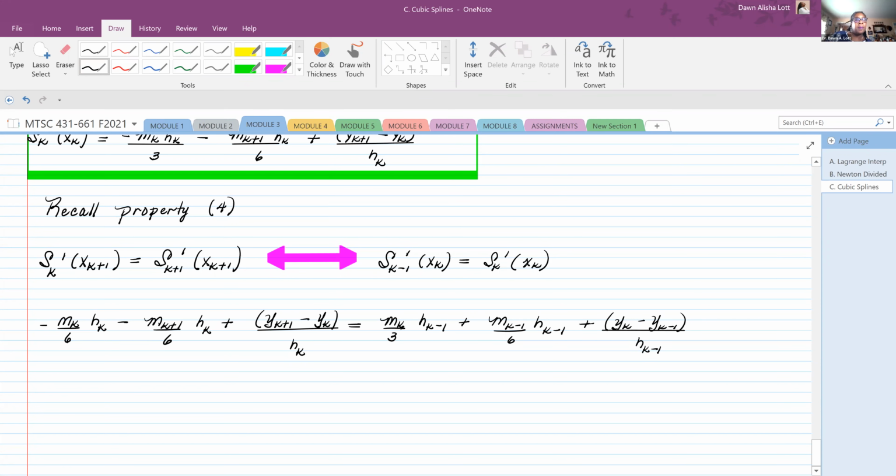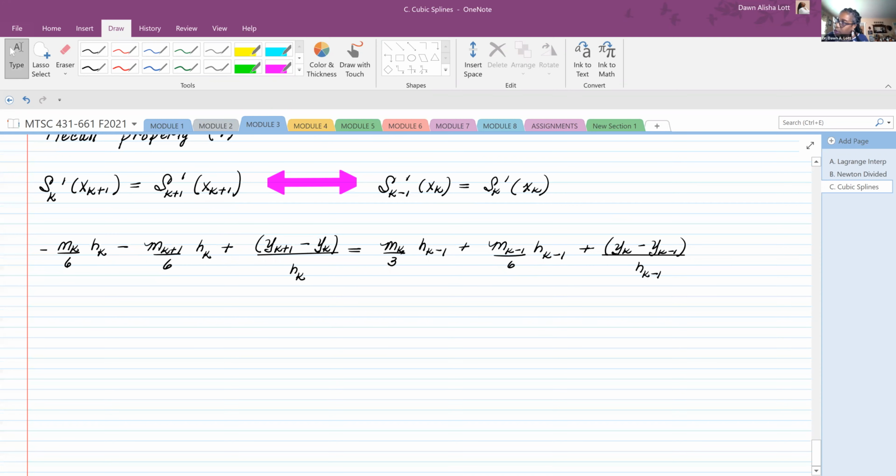All righty. So now we get 1/6 M_{k-1} h_{k-1}, plus 1/3 M_k times h_k plus h_{k-1}, plus 1/6 M_{k+1} h_k, is equal to y_{k+1}.